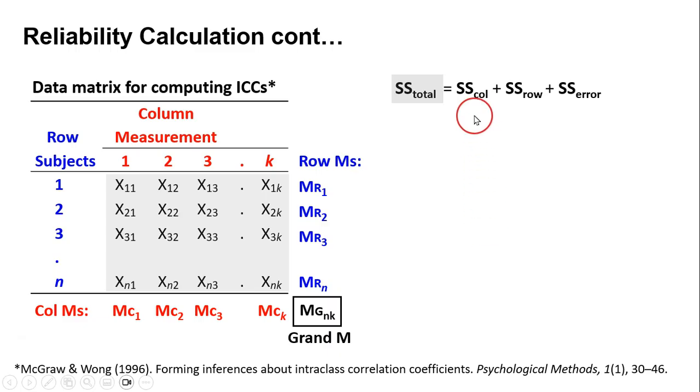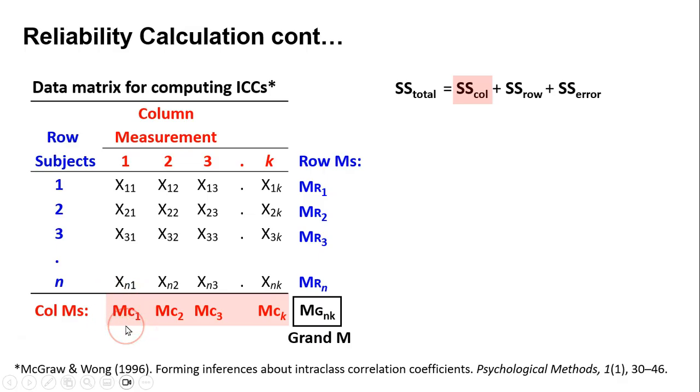So what about that second one? It'd be the SS for the columns, right? I have that labeled as kind of a red or pink to correspond to the column means. So how does the computer get that value? Exactly like it was done for the SS total, except we just use the means of the columns.